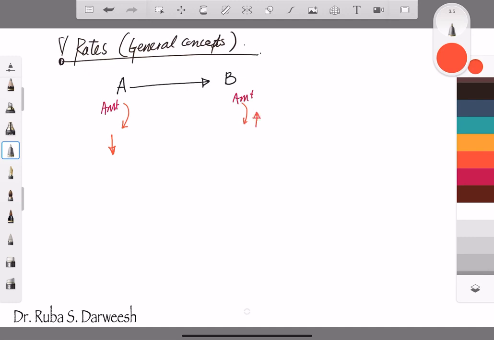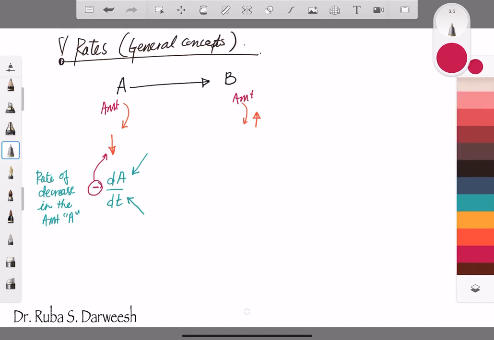So if I want to talk about the rate of decrease in the amount A, if I want to describe it, it will be dA over dt, or the rate of change of the amount A per unit of time. And it will be minus because the amount of A is decreasing.